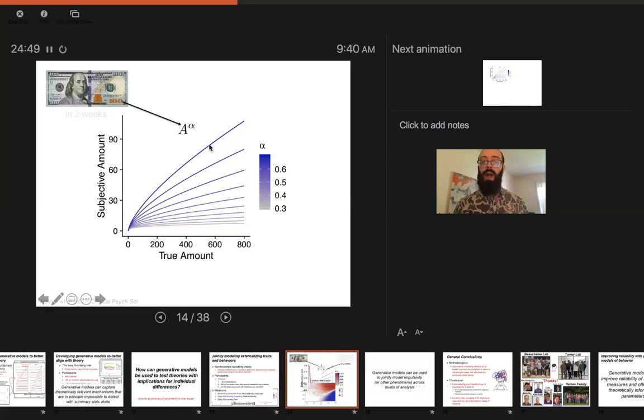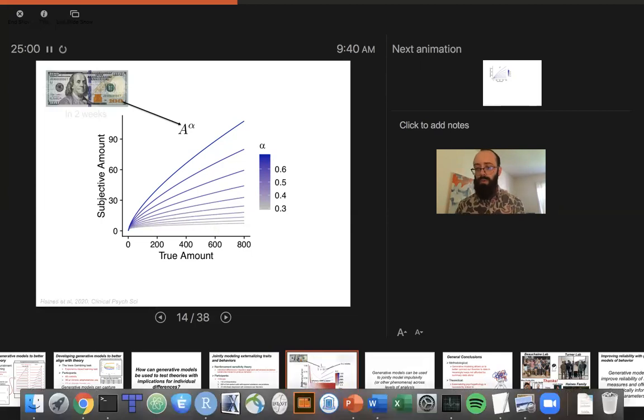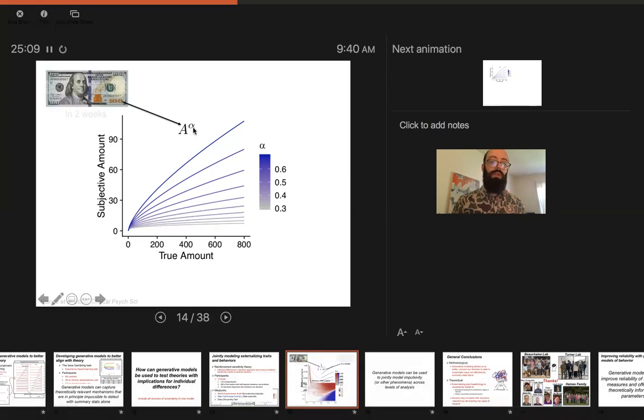Whereas if I have a very high alpha, the difference between 600 and 800 is still quite large. So basically when alpha gets lower, people are not able to really assign value to different rewards in their environment. Instead, any good thing is a good thing, and all good things are equal.